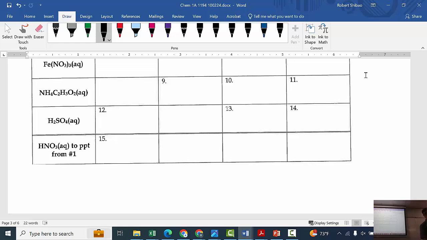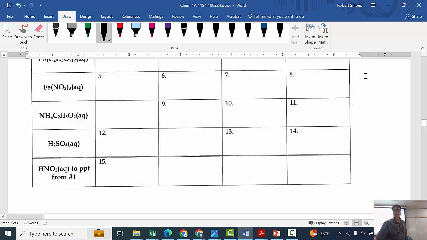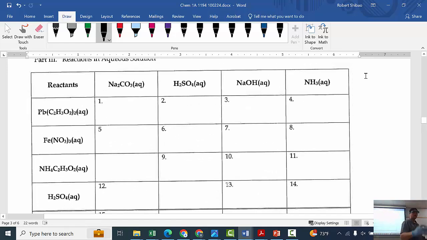All right, so now I have some aqueous ammonia. So this is what aqueous ammonia looks like. Aqueous ammonia contains a little bit of ammonium and hydroxide. It's like 99% ammonia, 1% ammonium and hydroxide.